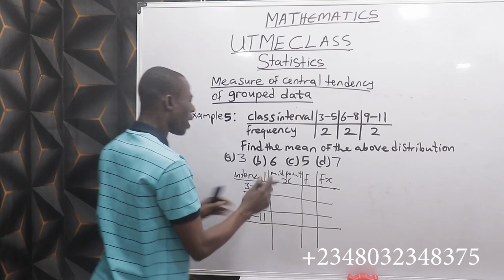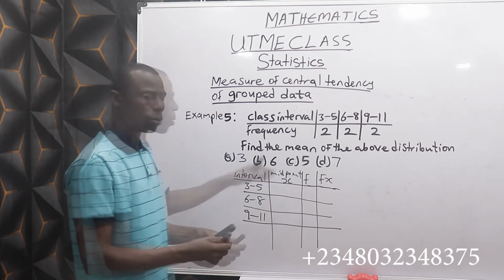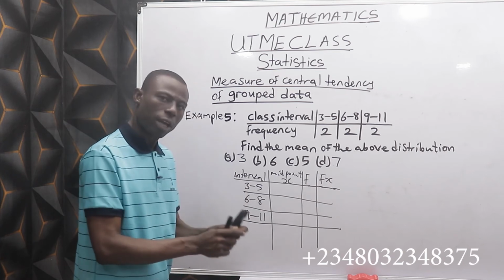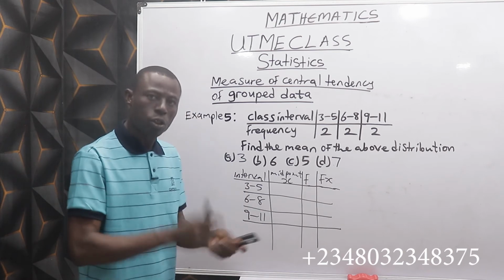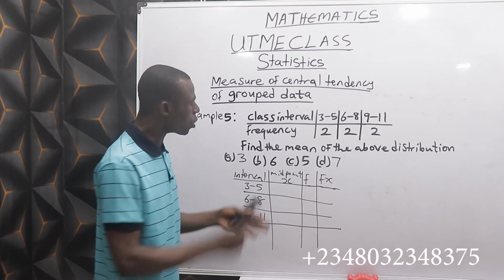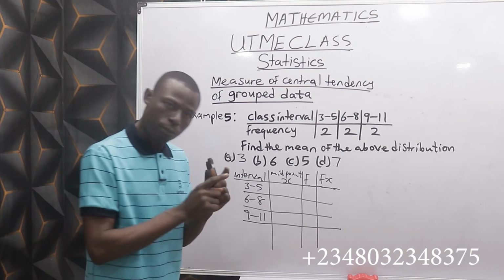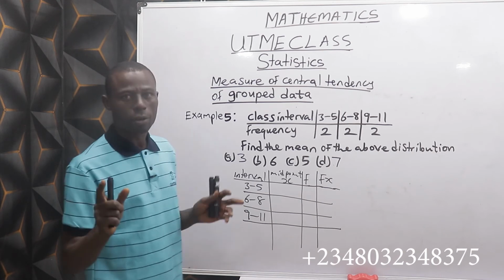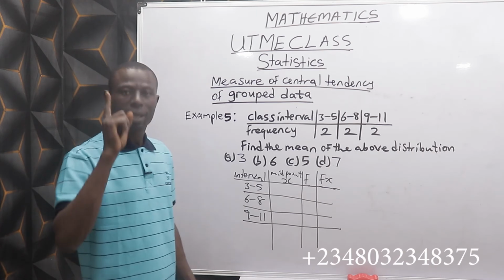So to get the midpoint value, which represents X value in grouped data, whenever you need to find mean, you need X value, because mean cannot be changed from being summation Fx over summation F. It will continue to be like that.